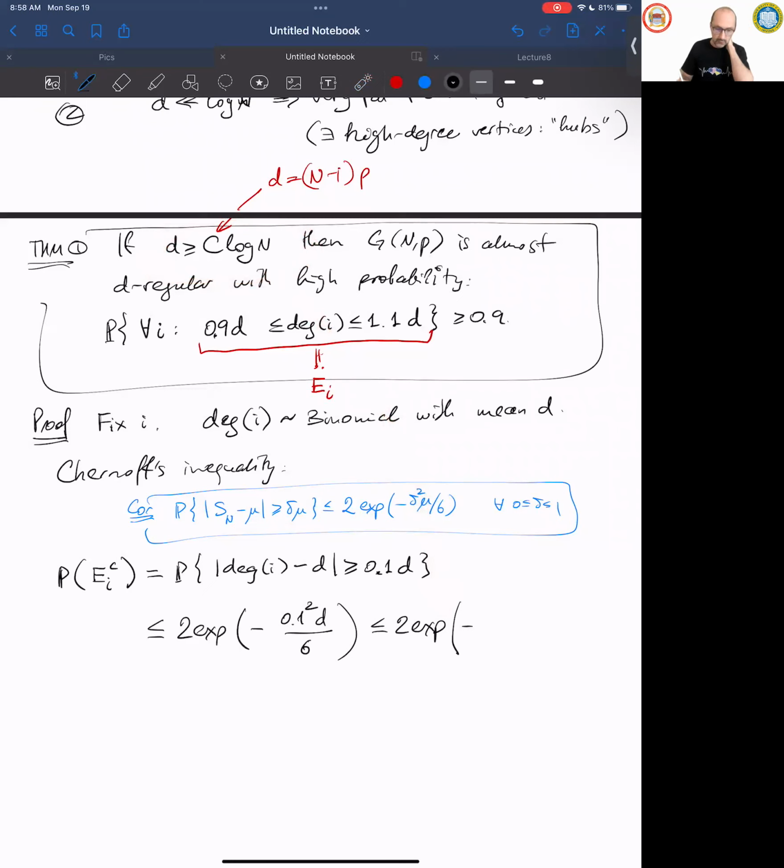So I put it here, so it's larger than 0.1 squared, C log n over 6. Yeah, good. Now the only thing we need is to think, well, I want this very small. Maybe, I don't know, I want this 10n maybe.